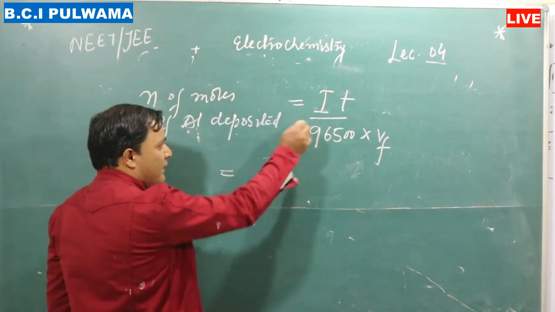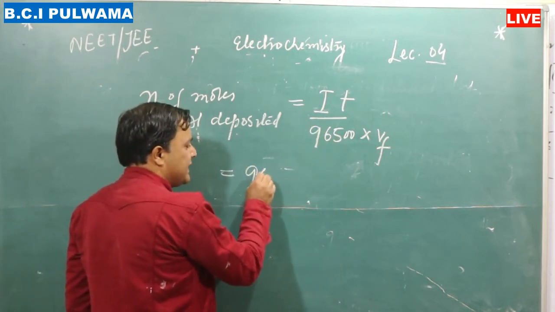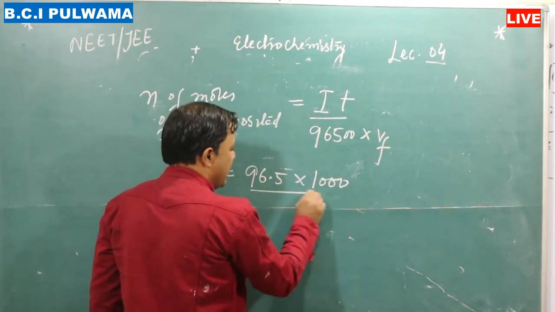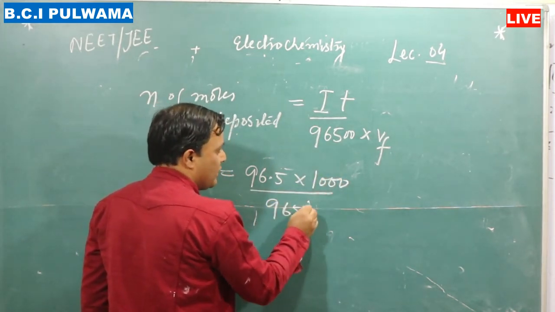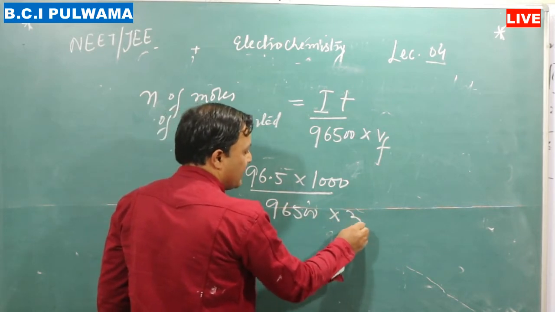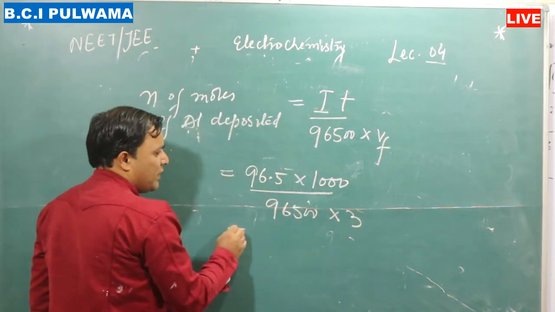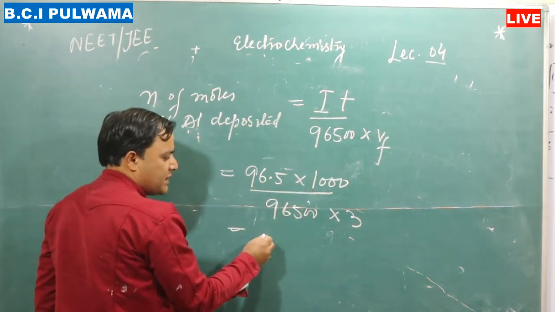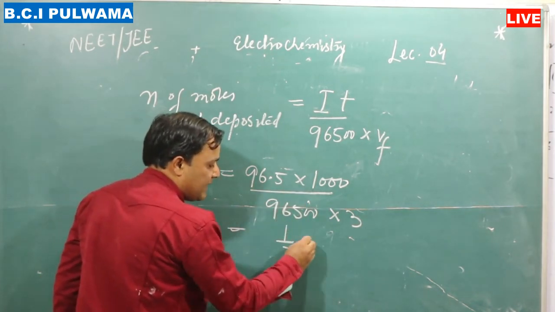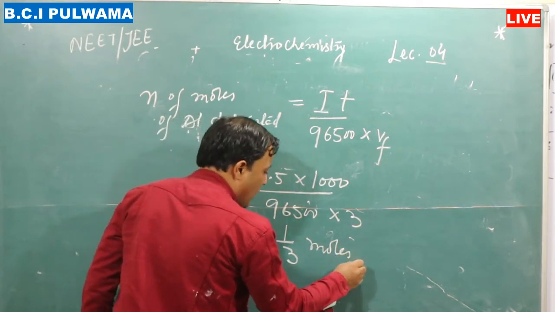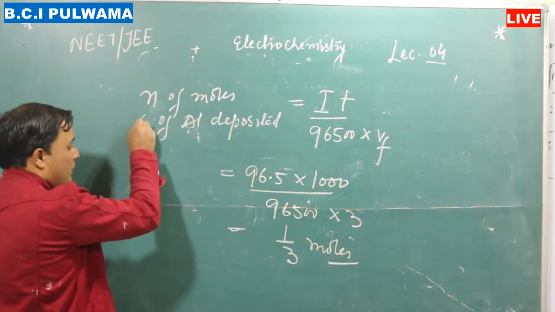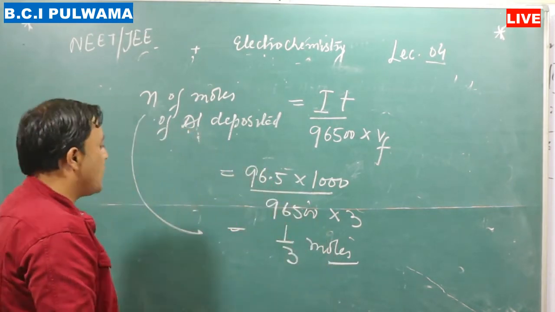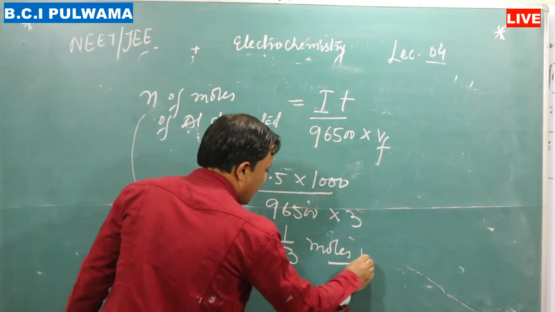Now let us substitute the values. Current is 96.5 amperes, time is 1000 seconds, and we have 96500 multiplied by 3. Solving this, 96500 divided by 96500 cancels, and it comes out to be 1 by 3.